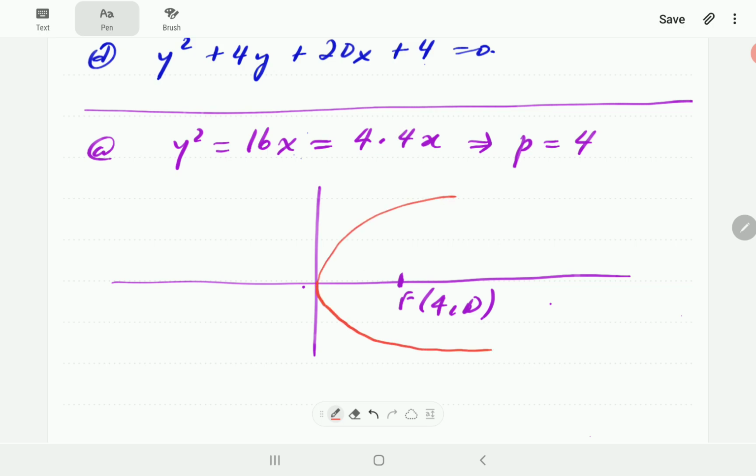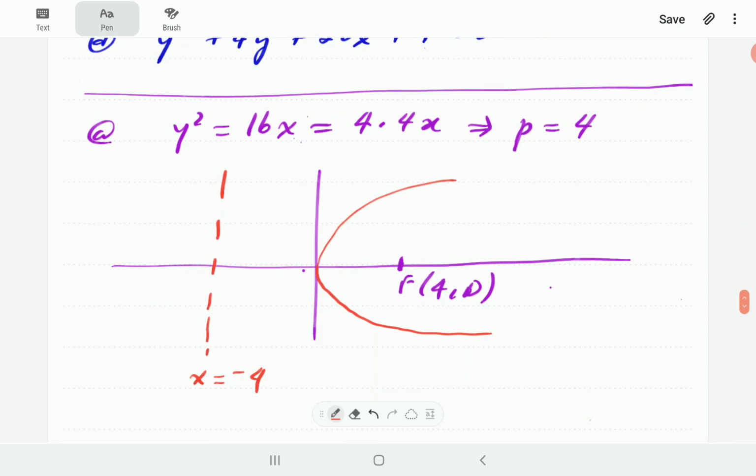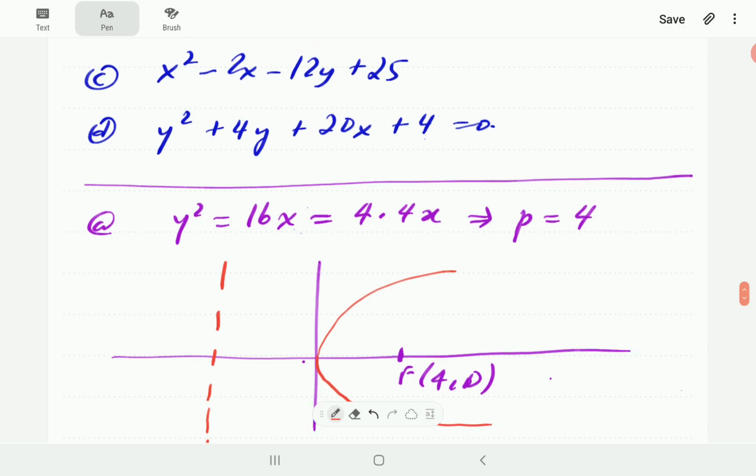You'll notice with these types of questions, it's useful to do your calculations as you do the sketch. Don't try to find the focus and the vertex and everything first before you sketch. It makes sense to piece them together step by step.